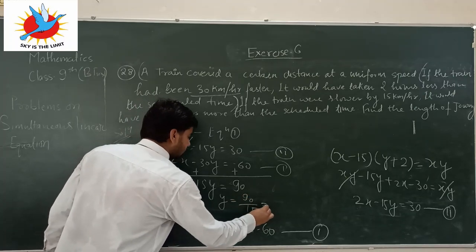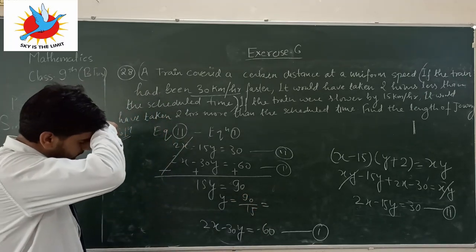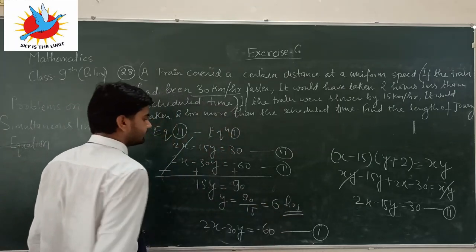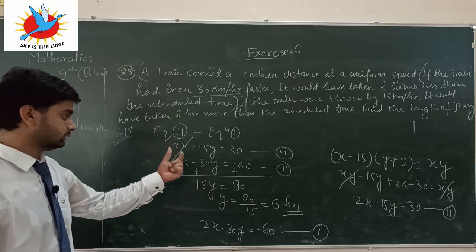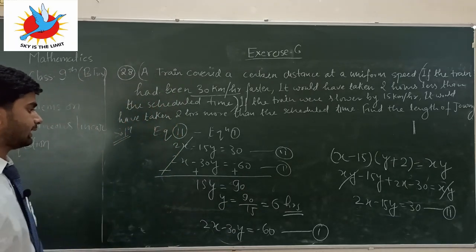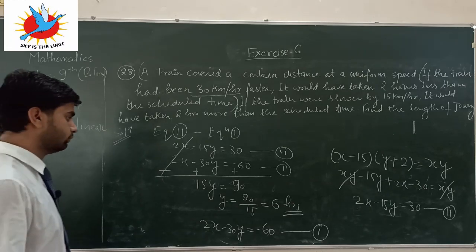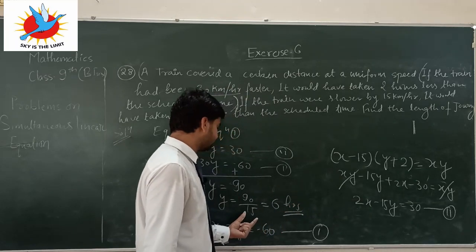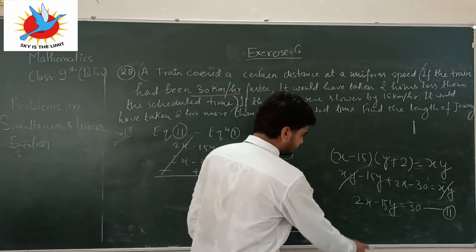So we will get the value of y as 90 by 15, that is 6 hours. The value of y is 6, and we assumed in the question y is the time taken by the train, so the time taken by the train will be 6 hours. We want to calculate the value of x. Put the value y equal to 6 in this equation.